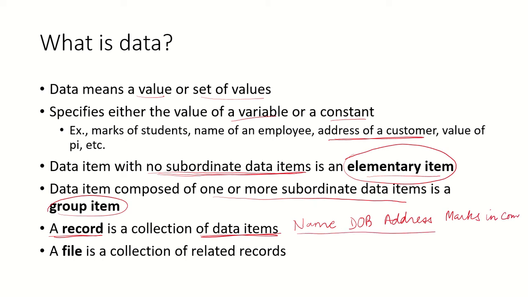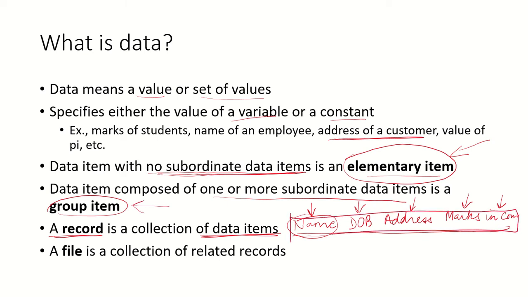So this is a complete record of a student where this collection consists of many data items. And these data items could either be elementary if they do not contain subordinate data items, or they could be group items. So this is called a record.